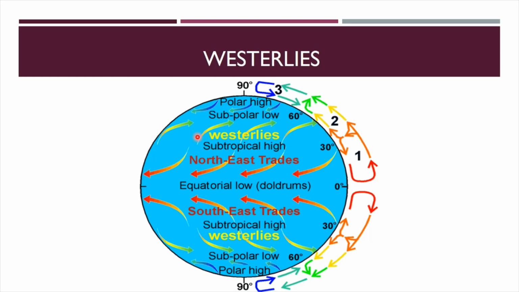From this belt it starts from the west and goes to the east, from southwest to northeast. From here, northwest to southeast. Clear? We can see that these are in the opposite direction of trade winds. Trade winds are going this way and westerlies are going in the opposite direction. That is why another name is anti-trade winds.